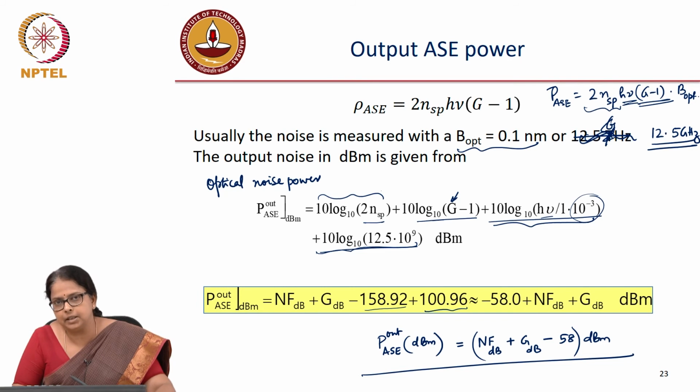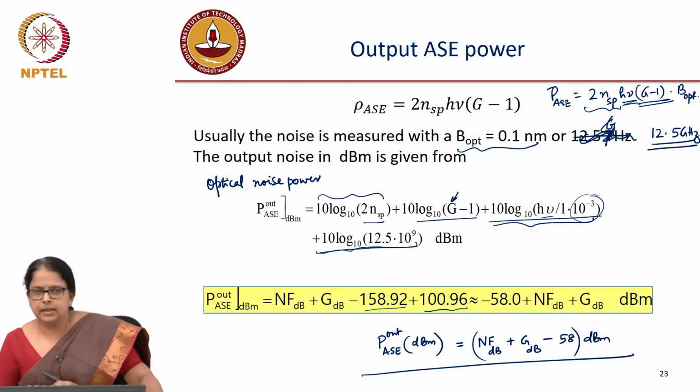These are two data sheet numbers, the noise figure and the small signal gain where G is very large. Minus 58, that number is the ASE power at the output of the EDFA. There is nothing new derived here, but you got a very sleek relation which connects the noise figure, gain and the output ASE power.